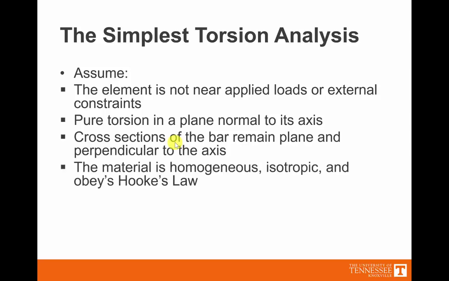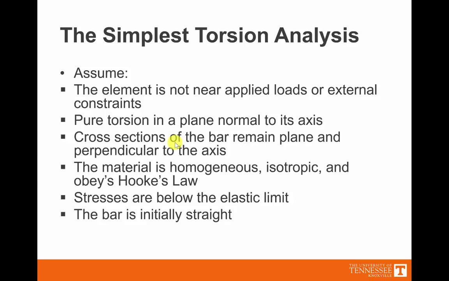And we also need to assume that the material is homogeneous, that it's isotropic, and that it obeys Hooke's law, and that we're not actually bending the bar, and that the bar is initially straight.